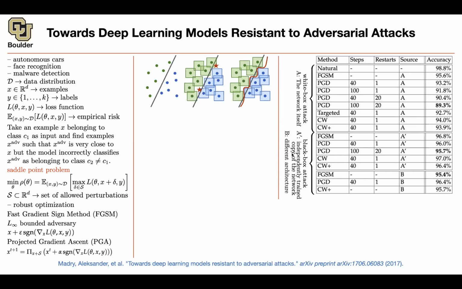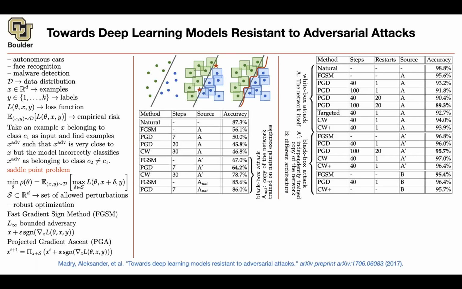Everything should be clear. This is a similar table to the previous one. For the previous one, we were using epsilon, this epsilon here, to be 0.03. Here we are using a bigger epsilon. And as you can see, these numbers drop from 98 to 87. So now we are making the space of perturbations a little bit bigger, and now these attacks are becoming even more successful.